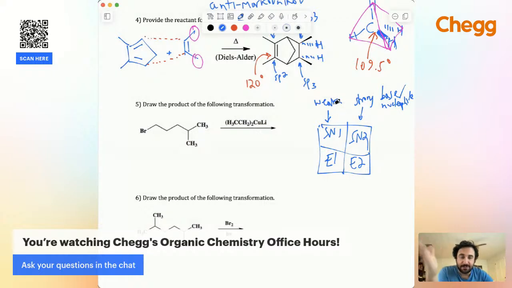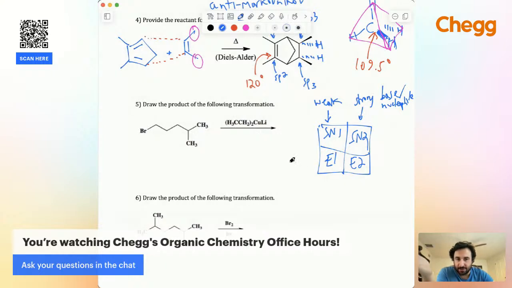If it's very weak, it can't react with the substrate. It has to wait until the leaving group leaves, producing a very unstable carbocation intermediate. Then even the weak nucleophile can interact. So that's the first thing that you look at. Strong base or nucleophile, we're going SN2 or E2. Weak base or nucleophile, we're going SN1 or E1.